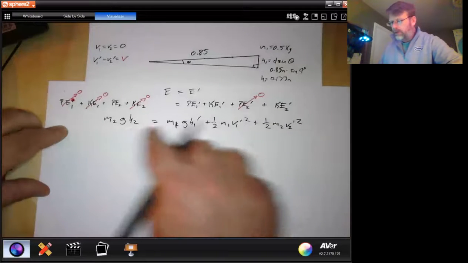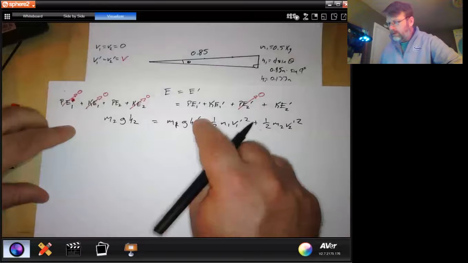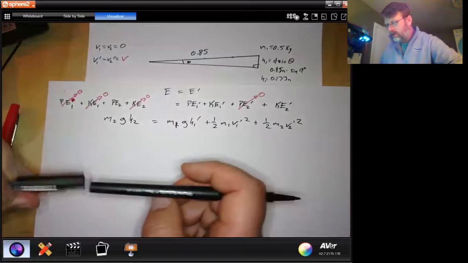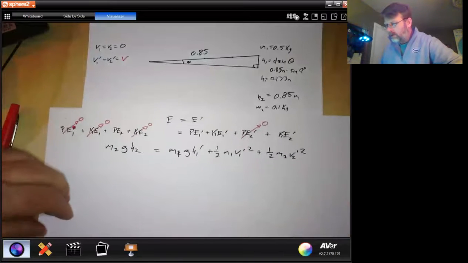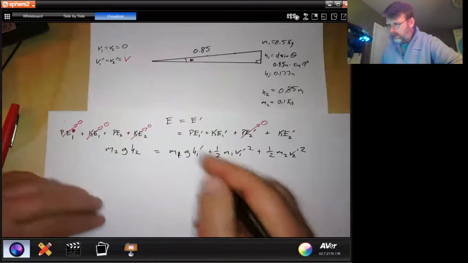I really suggest you write down all the variables and all the initials and finals before you put the numbers in, because it's so easy to get numbers backwards or messed up. Now we're going to use the numbers we had and start plugging things in.